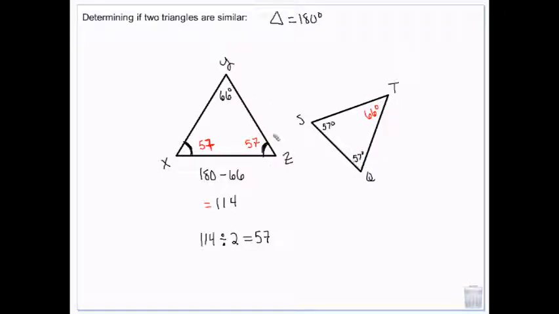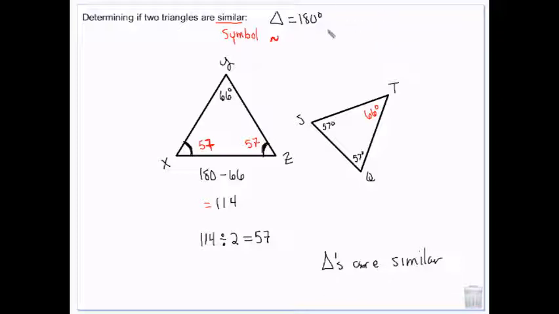Corresponding angles are the same. So the triangles are similar. Triangles is plural. Sorry, I'll make that plural. You guys are going to learn my geometry shortcuts now. Triangles are similar. Now the symbol for similar is a single curvy line.